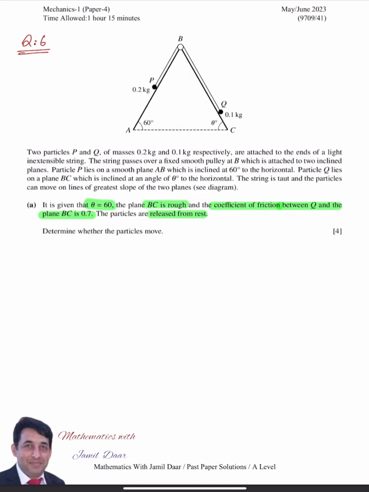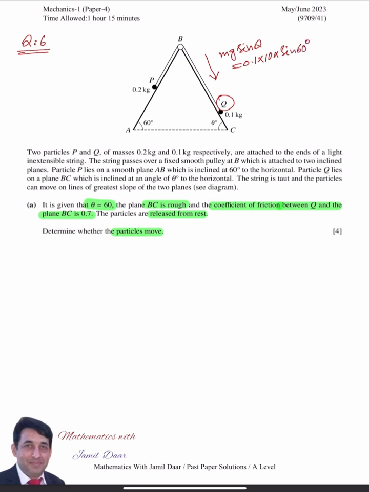Determine whether the particles move or not. Okay, first of all, we'll find out in this direction the force of Q. That would be mg sine of theta. That would be 0.1 into 10 into sine 60.